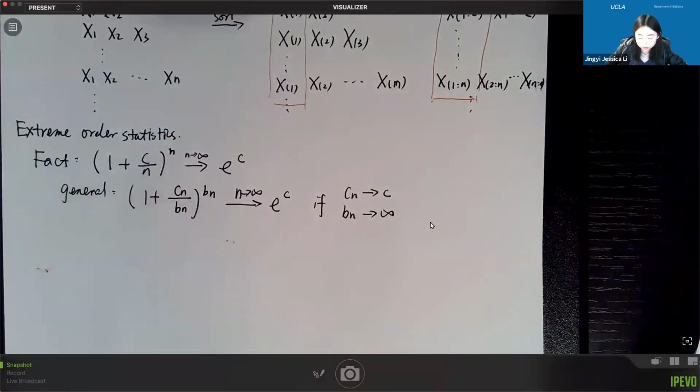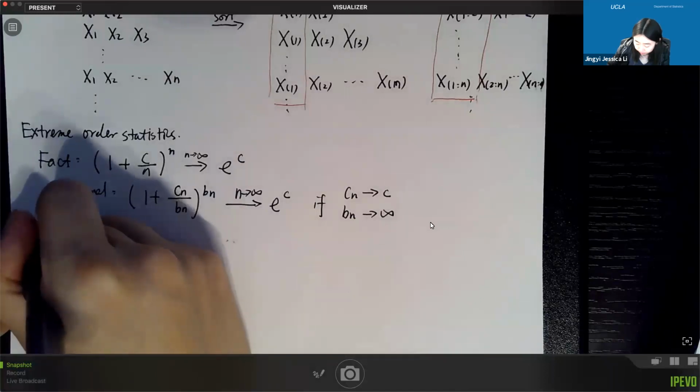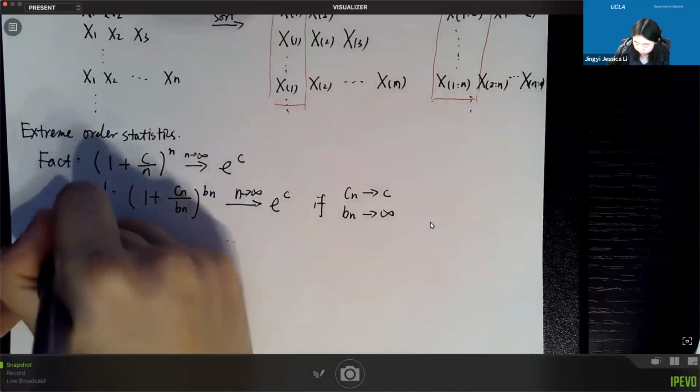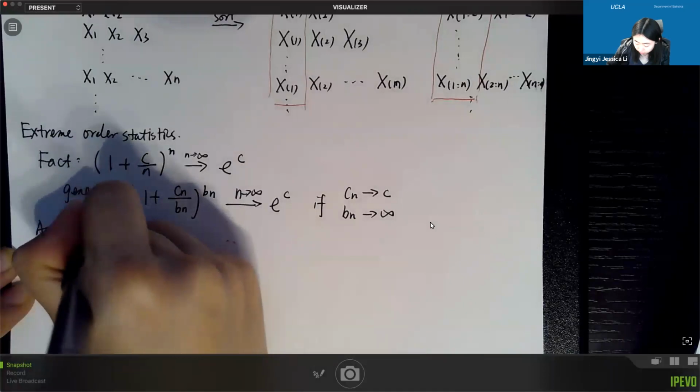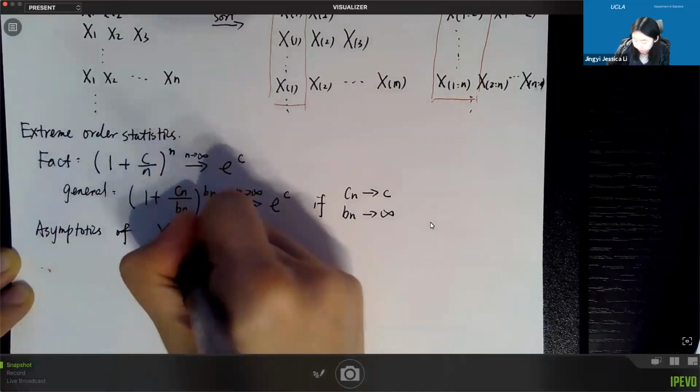But what we're very interested in, in terms of the asymptotics, is this. All the discussion that follows will be of this form: the asymptotics of, let's say, Xn, the maximum.